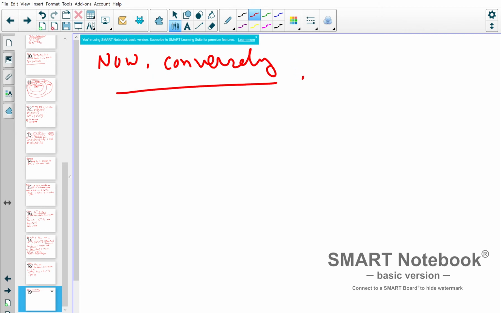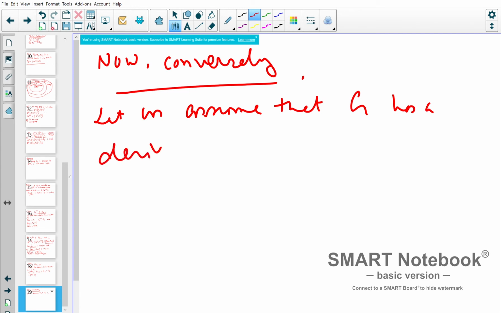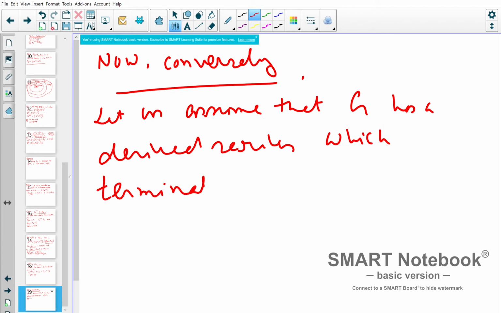let us assume that G has a derived series which terminates at the identity group.